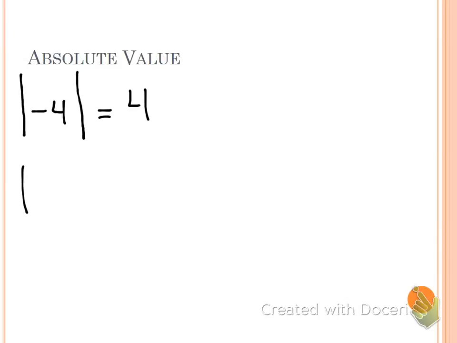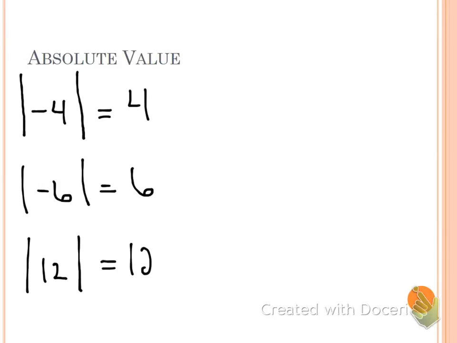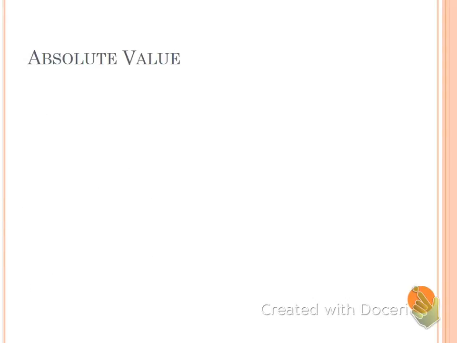Absolute value of negative 6 is just 6. Absolute value of 12, guess what? It's just 12. Absolute value has no sign, okay? It's just how many units it is away from 0. You with me so far? All right, so I want you to do a couple.